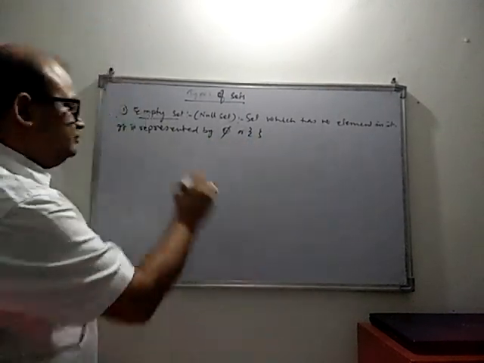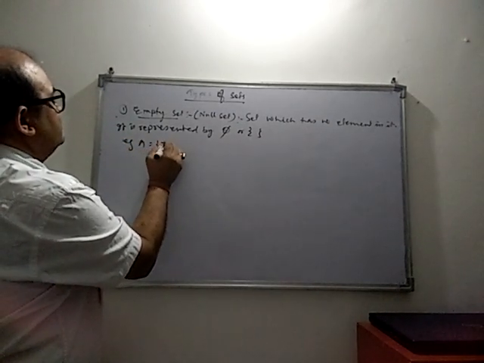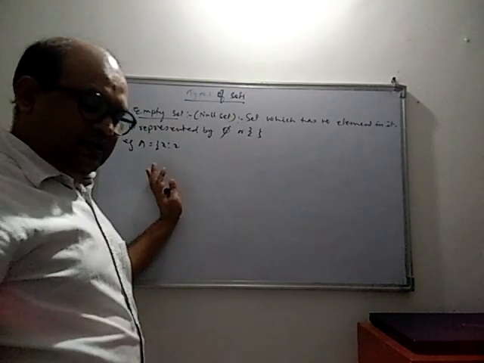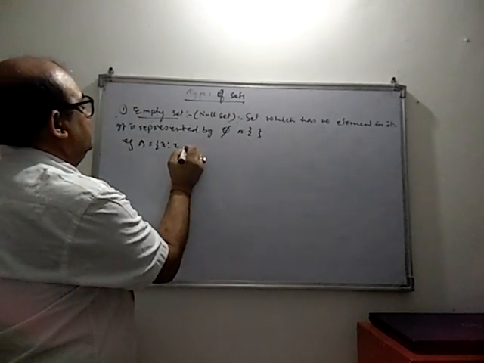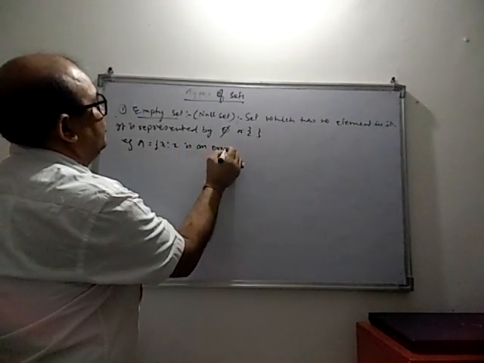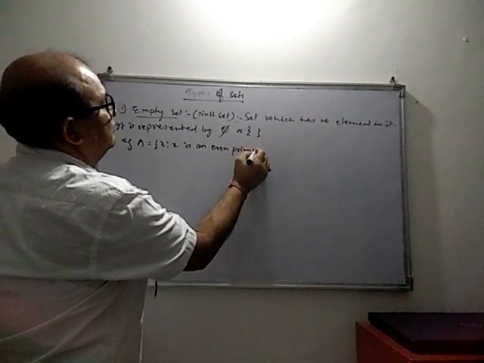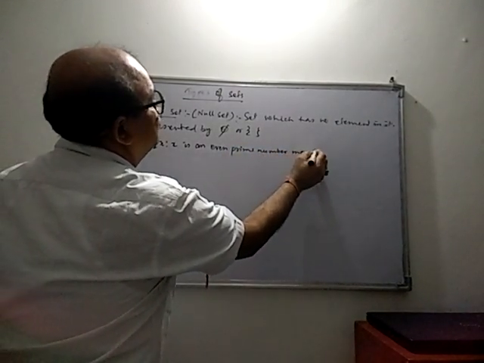Suppose, for example, A is the set of x such that x is an even prime number more than 2.